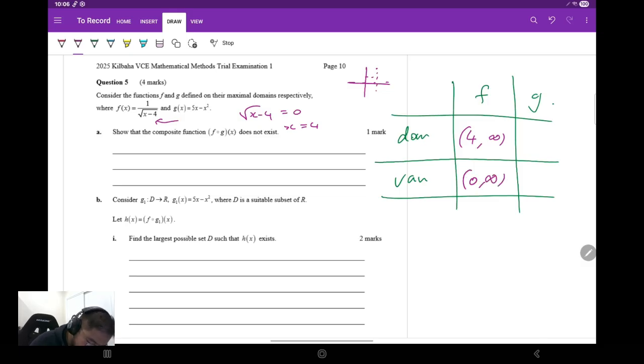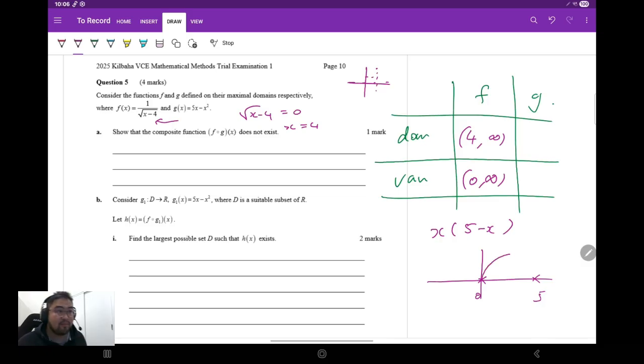Next, we've got a negative parabola, of the form 5x minus x squared. So we've got 0, 5, some sort of parabola that goes like that.